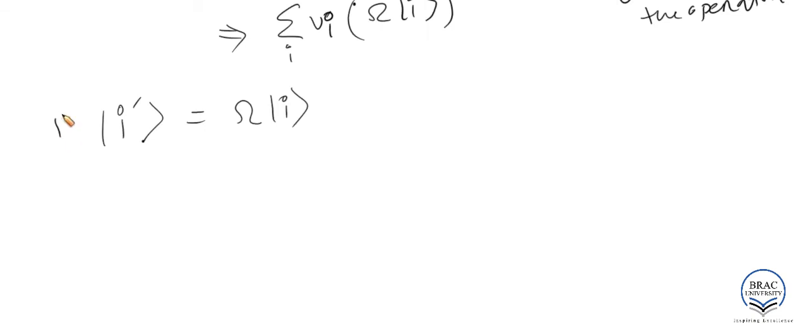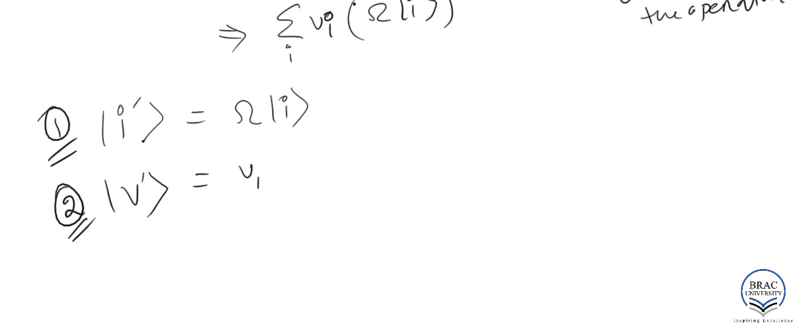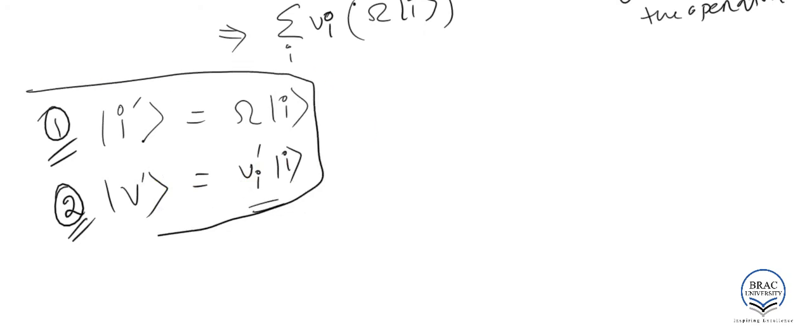So this is one thing that we are writing right now, and the other thing would be writing v prime in the original basis, that is in terms of e_i, as v_i prime. The prime denotes that it's a component of the v prime. So let's use these two things and let's see what happens.